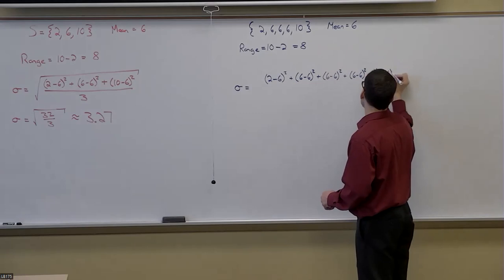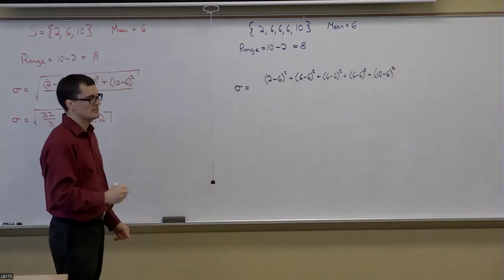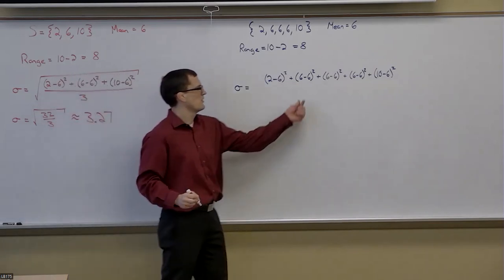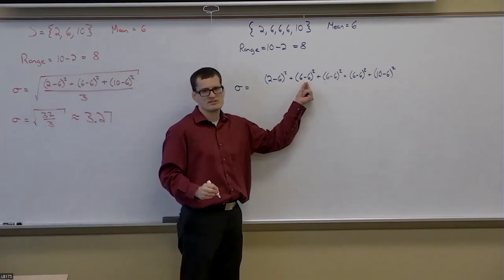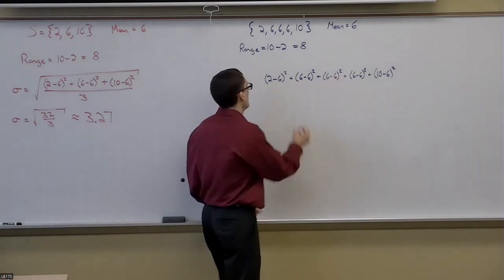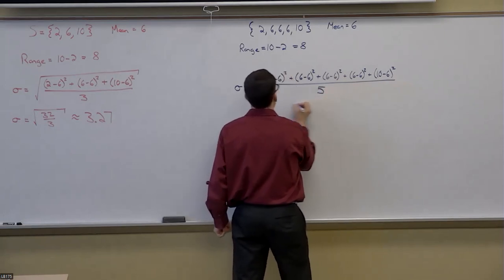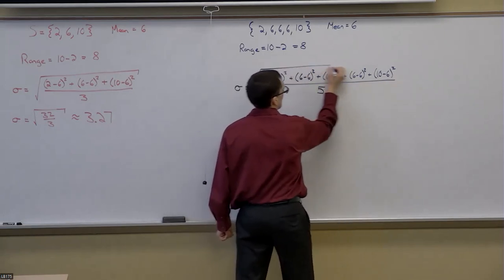By the way, if there are repeats, in general, you have to add each of the repeats up. Although 6 minus 6 is 0, so that's not going to contribute much on all of these. After I add those all up, I'm going to divide by 5 and then take a square root.